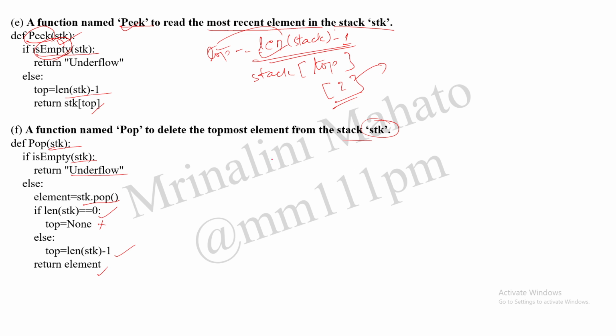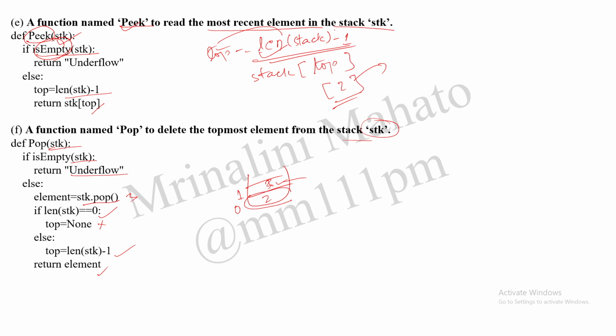Look here. Suppose I have taken the data 2, 3. This is the 0 index, and this is the first index. Now, is our stack empty? No. Then come here to stack.pop. I will do element equal to stack.pop. Which value will it delete? 3. So 3 has been deleted.